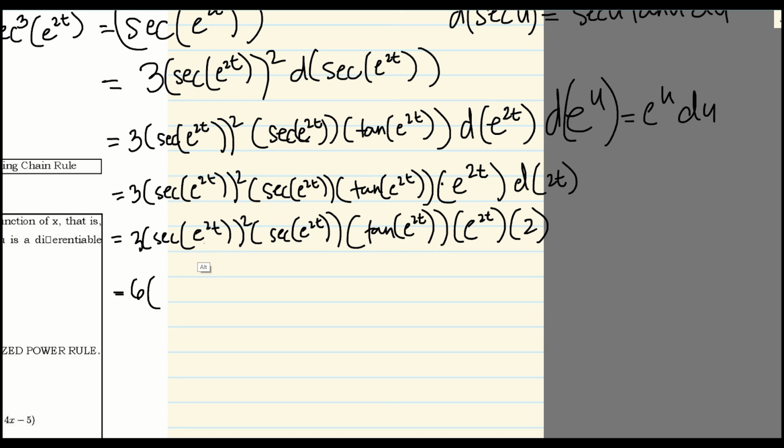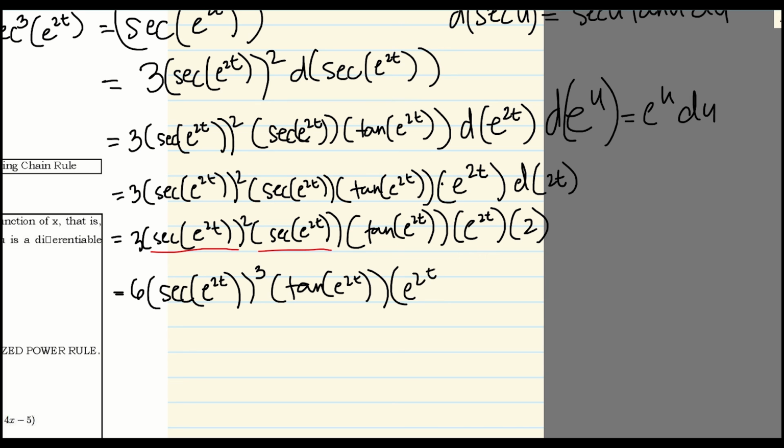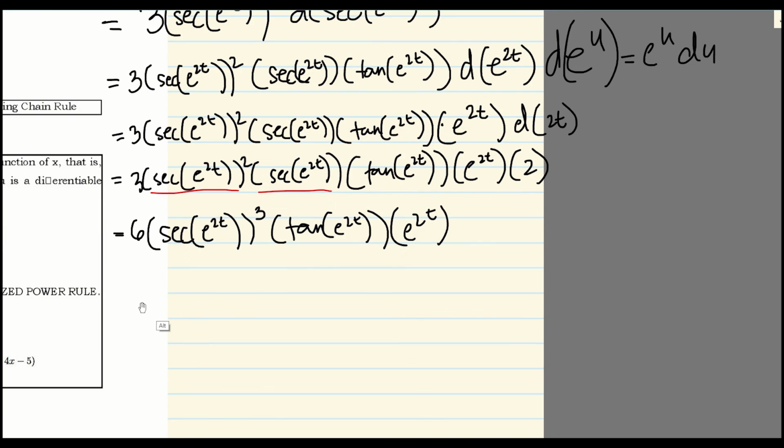As you can see, this one and this one are the same, so I can put it as sec e to t cubed, then back to my tan e to t and e to t.